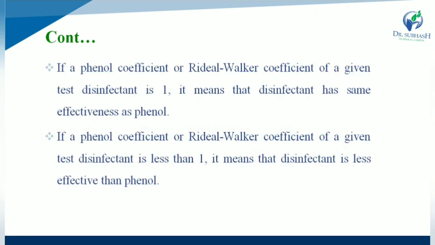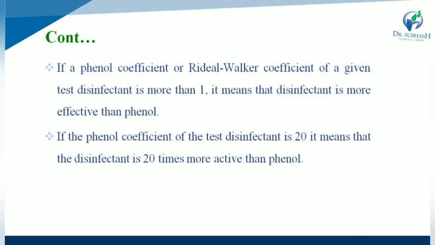If the phenol coefficient or Rideal-Walker coefficient of a given test disinfectant is 1, it means the disinfectant has the same effectiveness as phenol. If it is less than 1, the disinfectant is less effective than phenol.